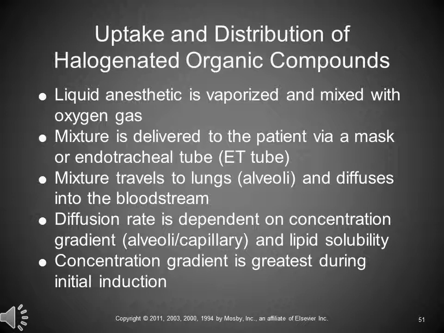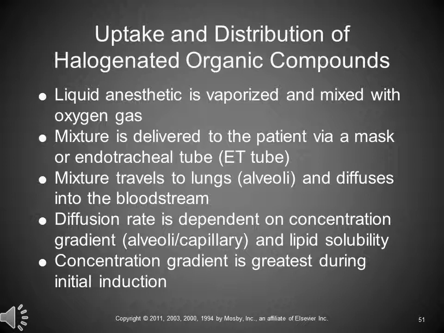we put liquid anesthetic in a vaporizer, either iso or sevo. As the oxygen flows by, it is vaporized, mixed with the oxygen. That mixture of oxygen and anesthetic is delivered to the patient by either a mask or an endotracheal tube. The mixture travels down into the lungs, down to the alveoli. From there, through diffusion, it moves into the bloodstream.